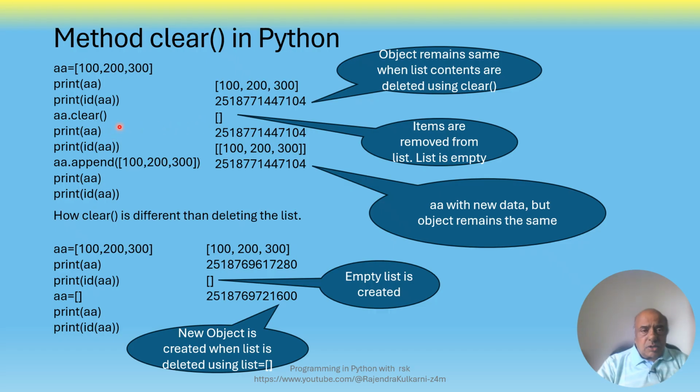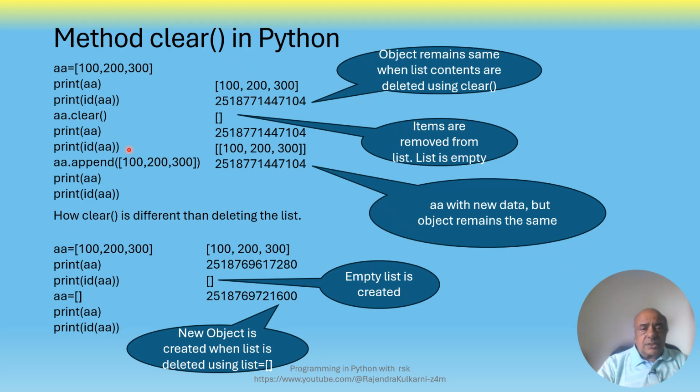This dot clear method has removed all the items from the list, but the object is the same. Here the list populated with certain items has the ID 7104. After a.clear, the ID remains the same.